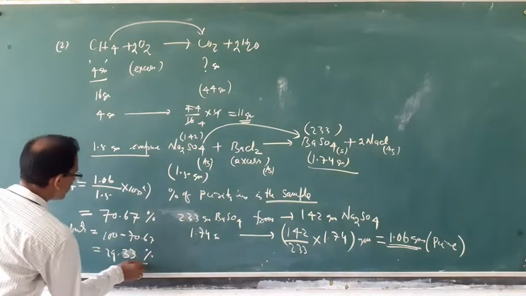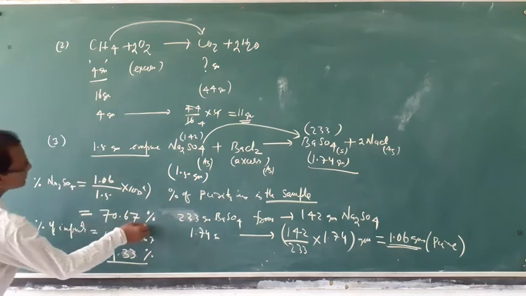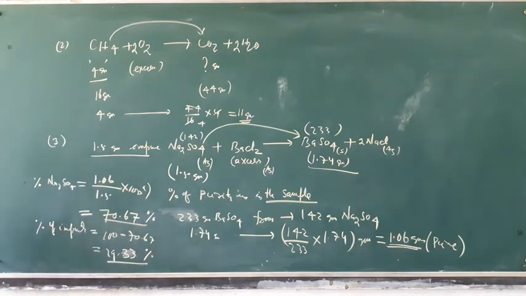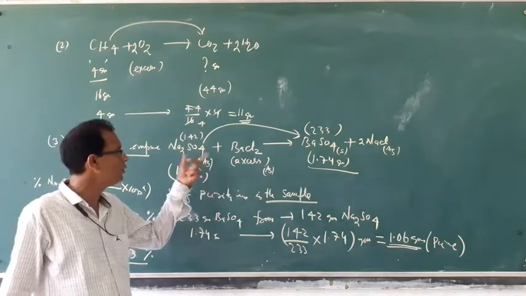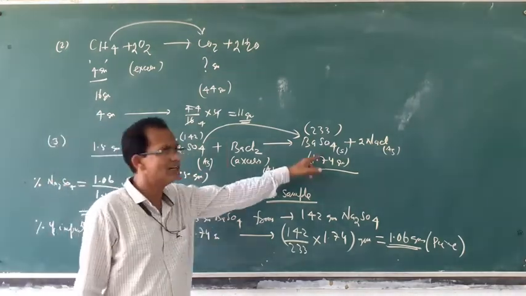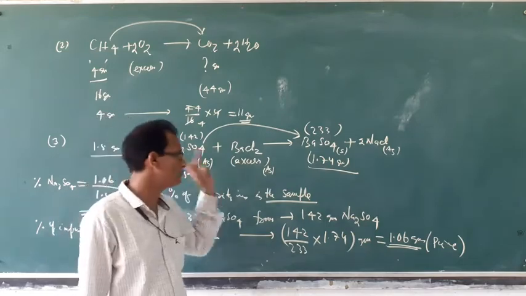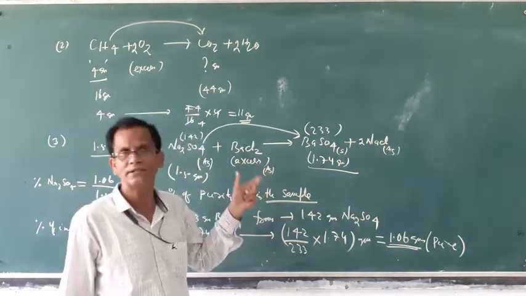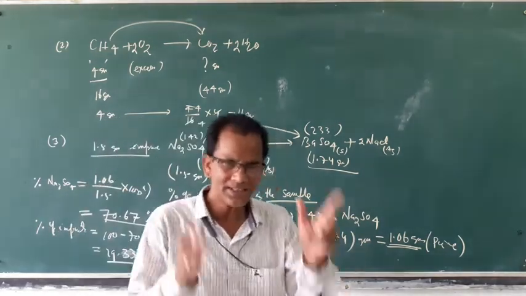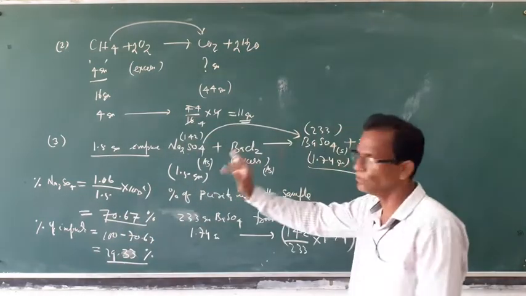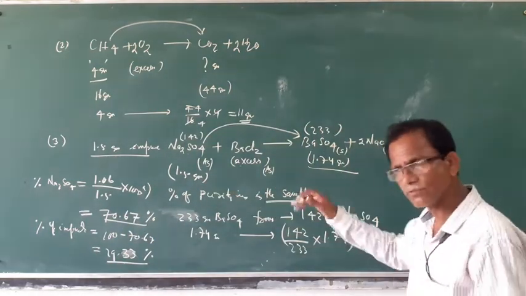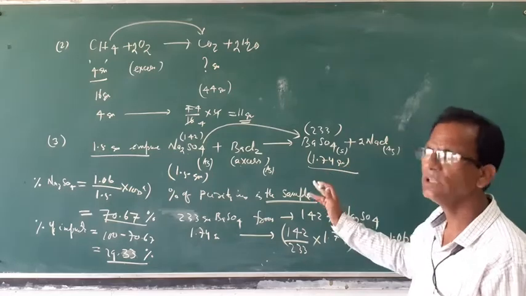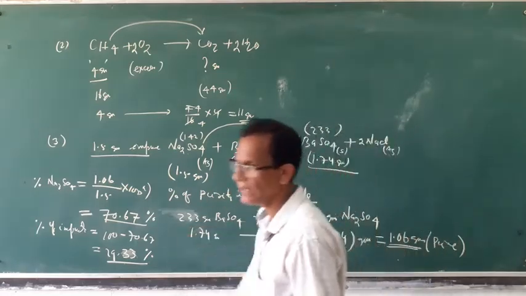This is the percentage of impurity, and the other is the percentage of pure sample. So a problem like this is possible only due to the relation, that is stoichiometric calculation. Without stoichiometric calculation, this type of problem will not be solved because it requires some relation between the reactants and products. In terms of mass, in terms of mole, in terms of volume, we have to compare.